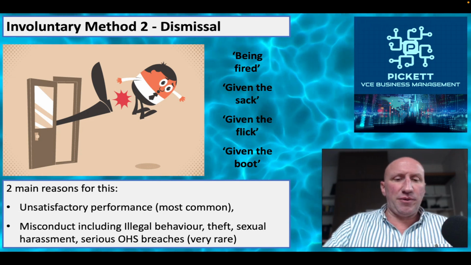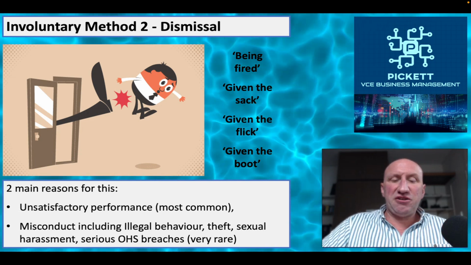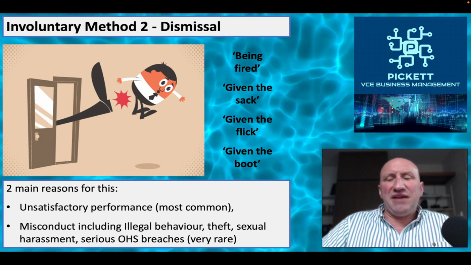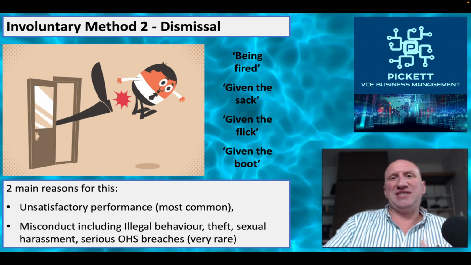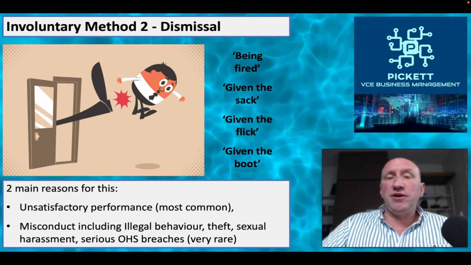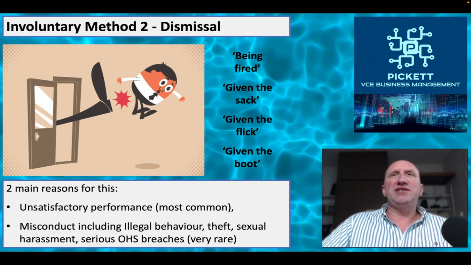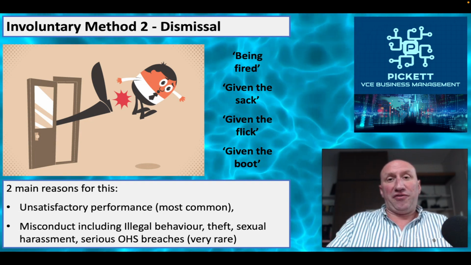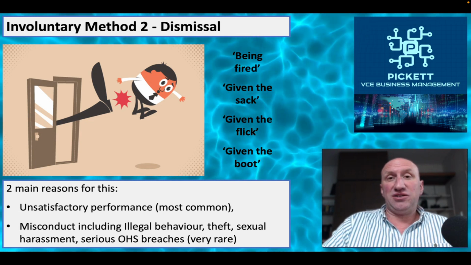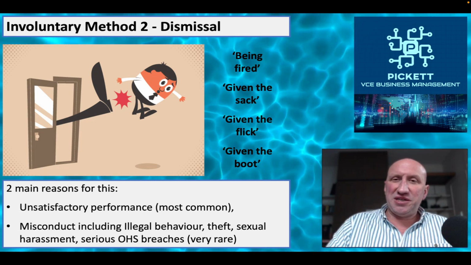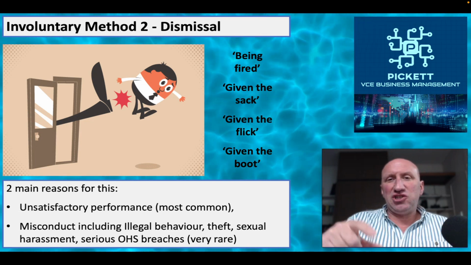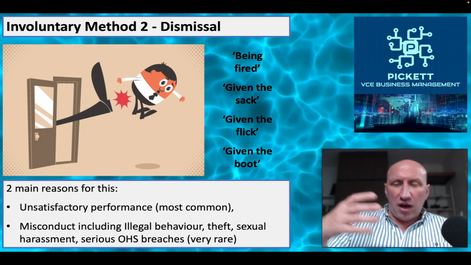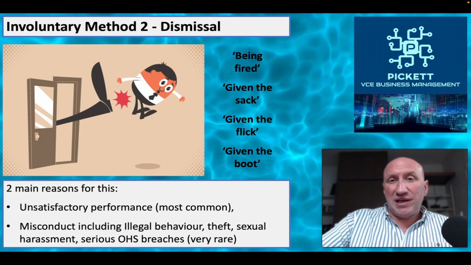Second one, far less common, like really serious stuff, serious breaches of misconduct, behavior, illegal behavior, theft, if someone steals from the business, sexual harassment of another member of staff, serious occupational health and safety breaches. So these can be one-off things that can lead to instant dismissal. Has to be quite serious for that to happen. But like I say, generally speaking, this happens because people are not performing, and ultimately that would lead to dismissal.